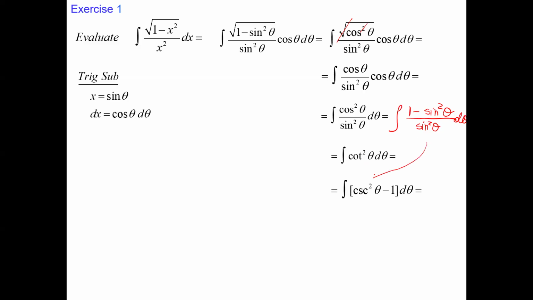That means if you don't know cotangent, you can rewrite it as 1 over sine squared theta minus sine squared over sine squared theta d theta.